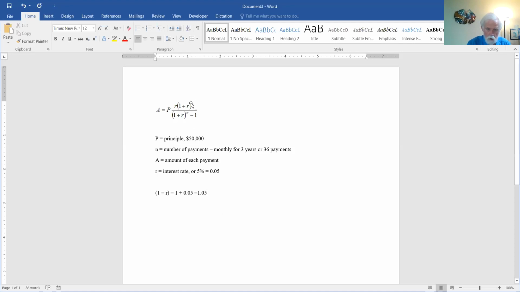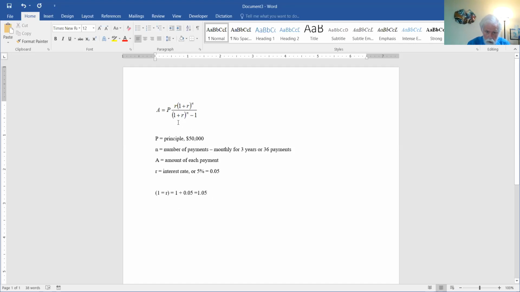The next thing we do is the exponent. So use your calculator. It's going to be 1.05 to the 36th. Okay, and then multiply that by 0.05 again, the rate. So that gives you this numerator.